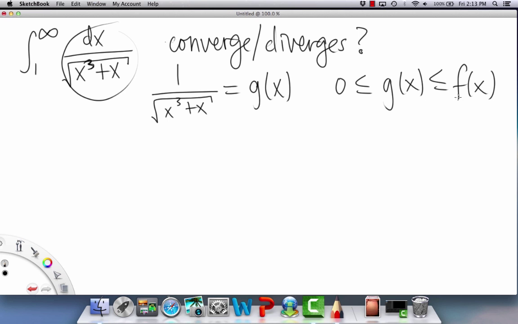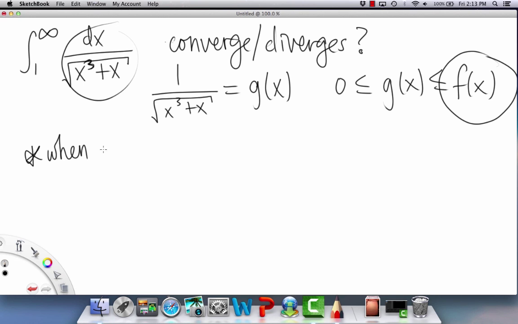So what we need to do is come up with some f of x that is always greater than g of x, and then we need to prove something about it. So let's say, just as a basis, I'll write a little hint here.